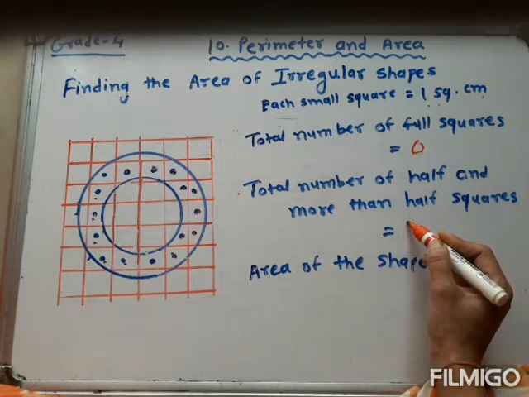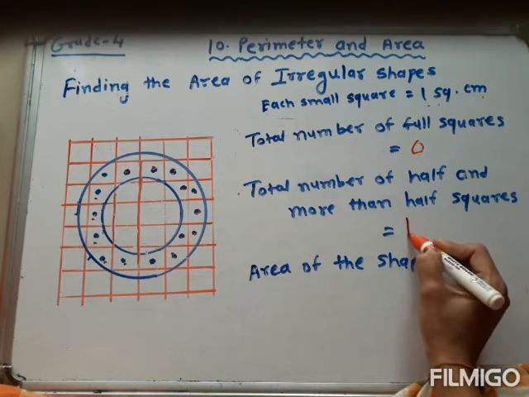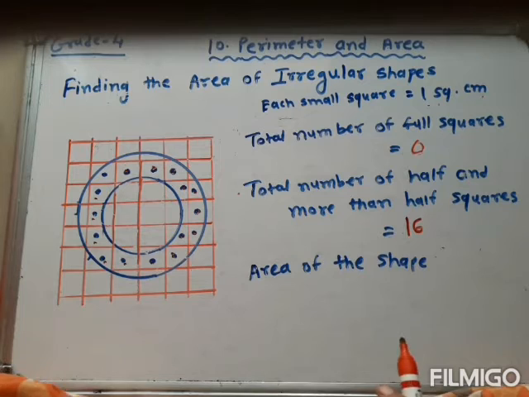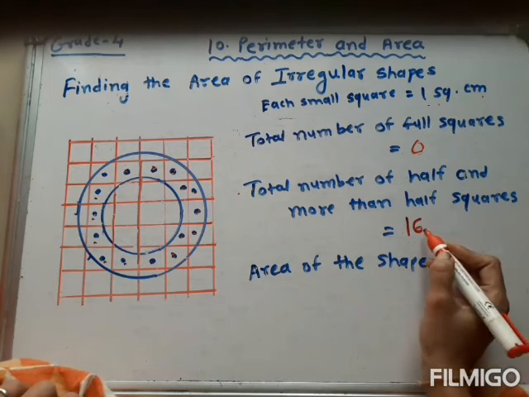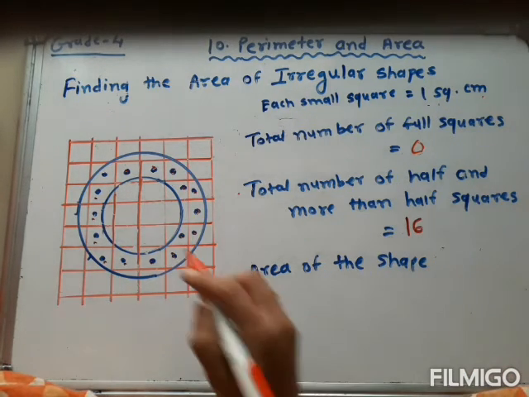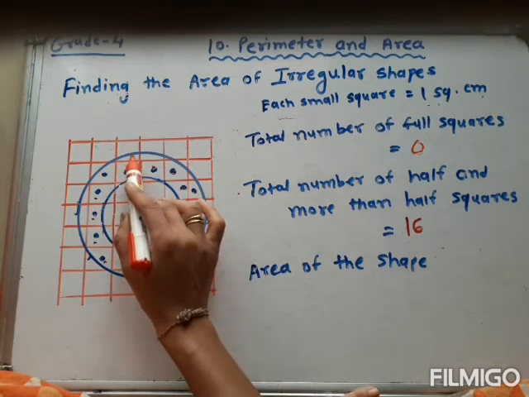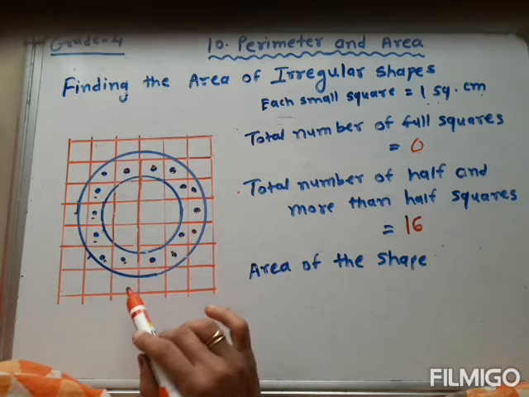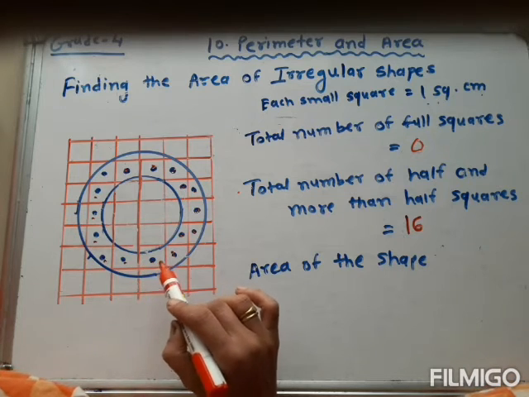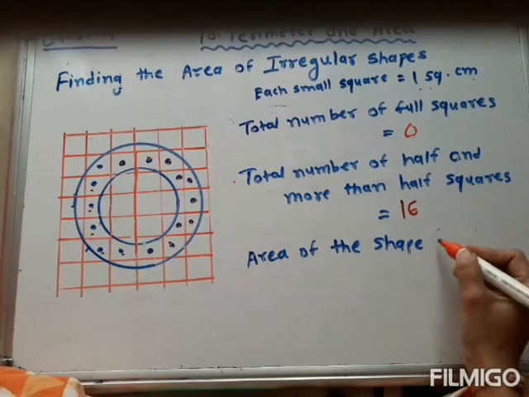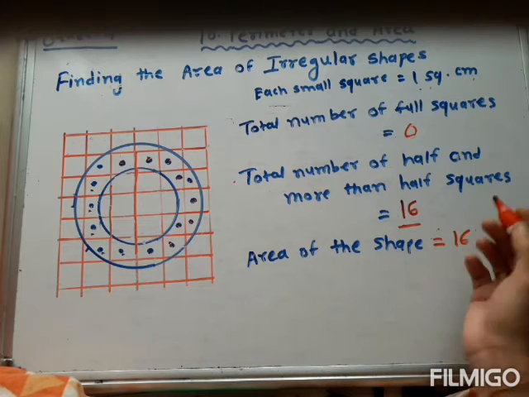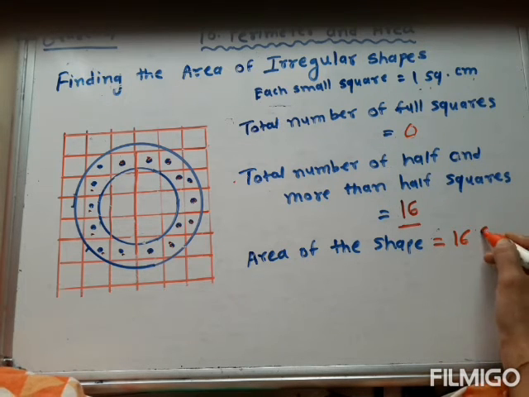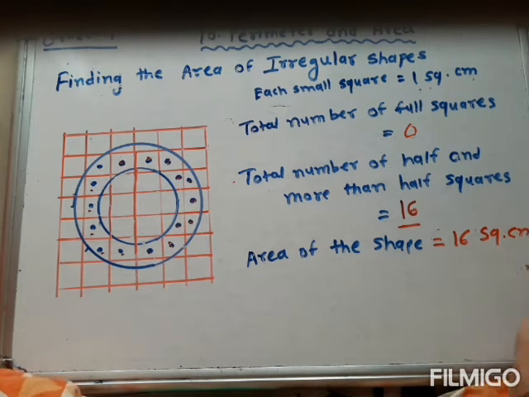So the total number of half and more than half squares is 16. We ignore the less than half squares. So the area of the shape is 0 plus 16, which is 16 square centimeter.